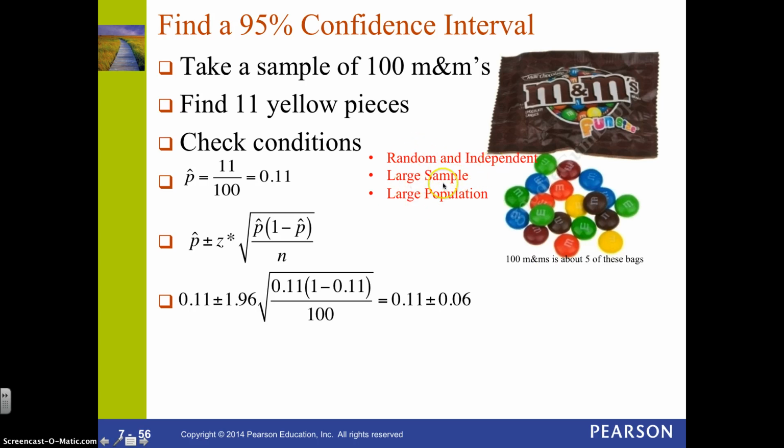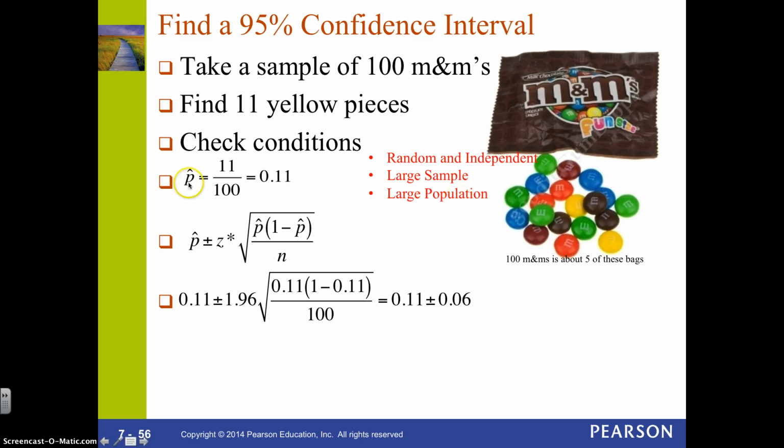I have a large sample, in this case 100. Remember that you have to check that 0.11 times 100, because that would be my p hat, is greater than 10, and yes it is, and that 1 minus this number times 100 is greater than 10. Yes it is. So I have a large sample and a large population because there's lots of M&Ms out there.